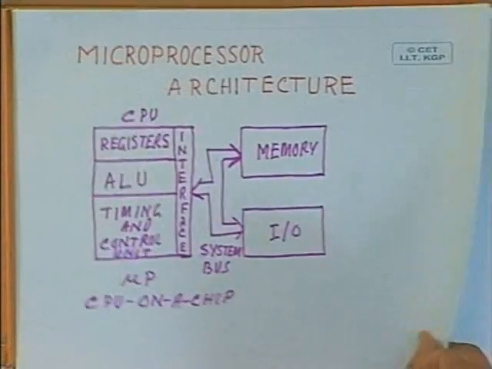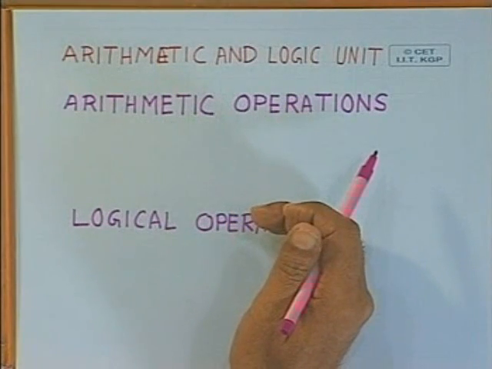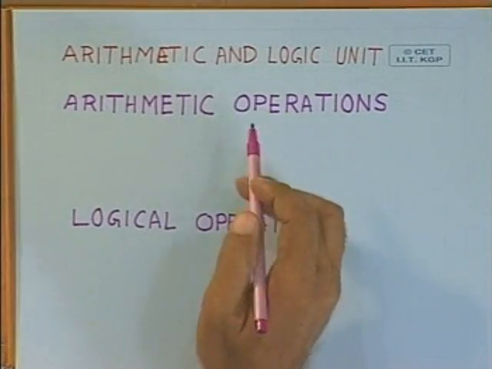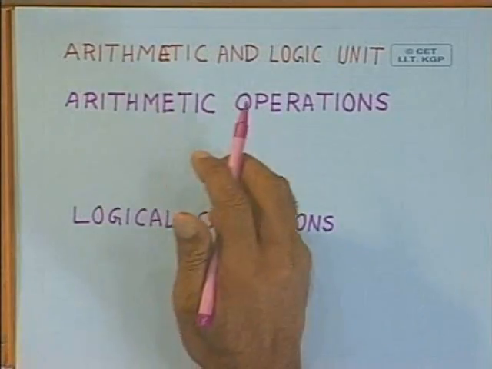Now let us focus on the second unit, that is your ALU, arithmetic and logic unit. What the ALU can do, as the name implies, is perform some arithmetic operations and logical operations. And as you know, the arithmetic operations are addition, subtraction, multiplication, division, then your increment, decrement.